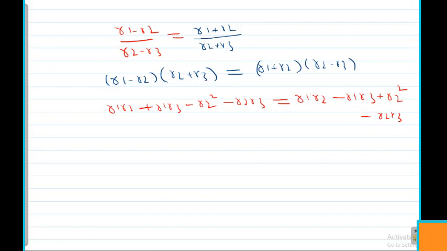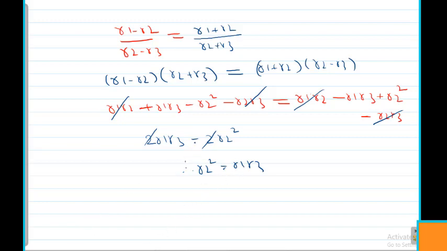Now we simplify this. Here R1R2 and R1R2 cancel, minus R2R3 and minus R2R3 cancel. These two won't cancel, so transfer this side. What happened? 2R1R3 equals 2R2 square. The 2 cancels. R2 square equals R1R3.